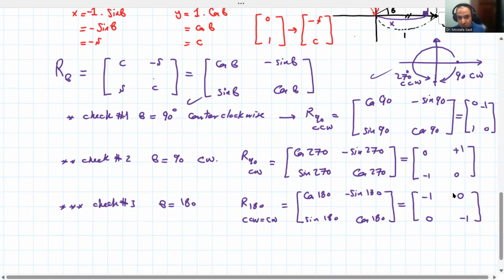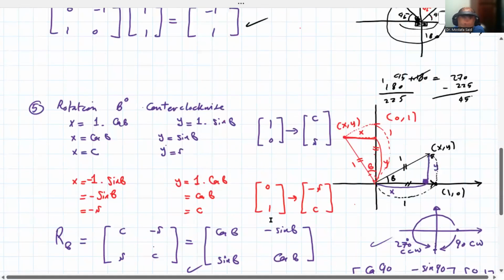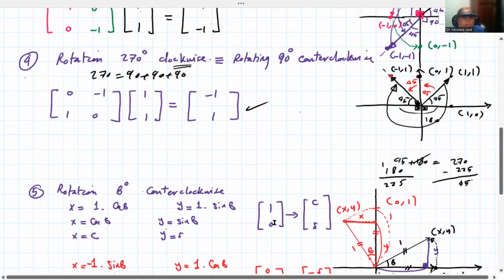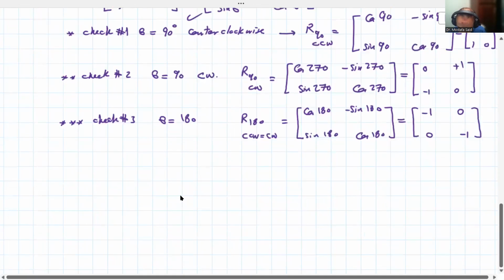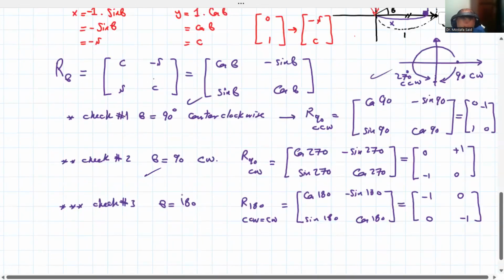So we have minus 1, 0, 0, minus 1. Yup, minus 1, 0, and this one, 0, minus 1. Okay, the 270, we did it before. 90 clockwise is basically 270 counterclockwise. So we did it before.